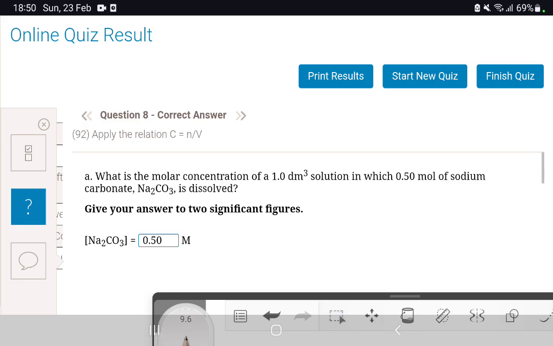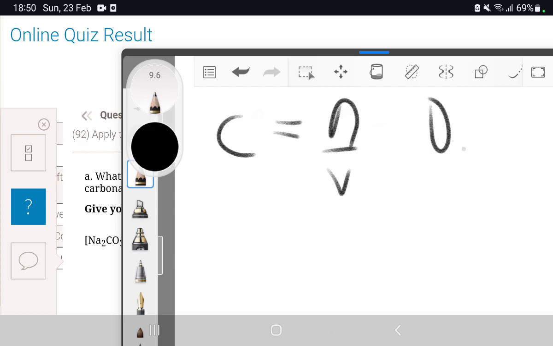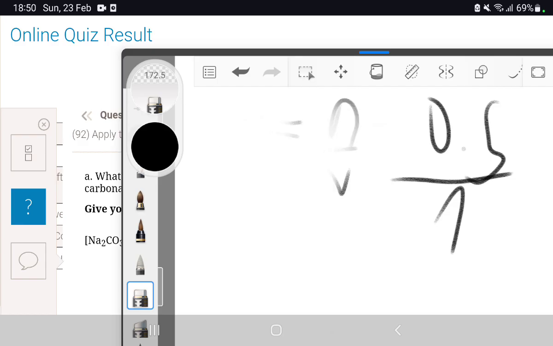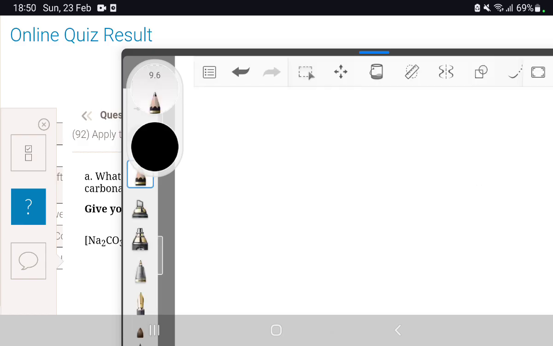What is the molar concentration of a 1 decimeter cube solution in which 0.5 mole of sodium carbonate is dissolved? So we know that C equals n over V. We have moles, which is 0.5, over 1 decimeter cube, which is 0.5.